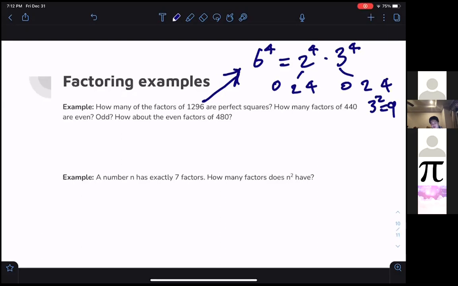How many factors of 440 are even? Well, we know 440's factorization from earlier. If it's even, this exponent can go from 1 to 3. If it's odd, it must be 0.